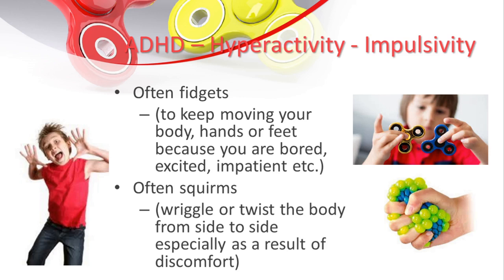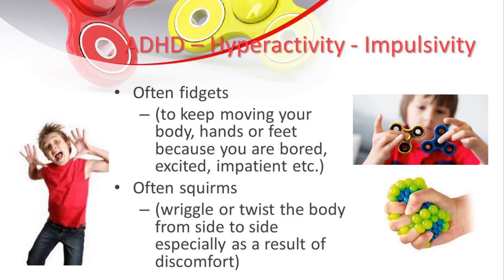ADHD children show hyperactivity or impulsivity. They often fidget and squirm. That means they often move their body, hands or feet, and they often wriggle or twist their body. All these movements show that they are restless or impatient, because they cannot pay attention to the instructions which are given to them.